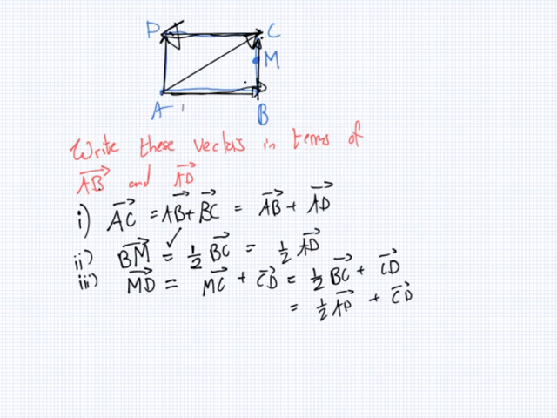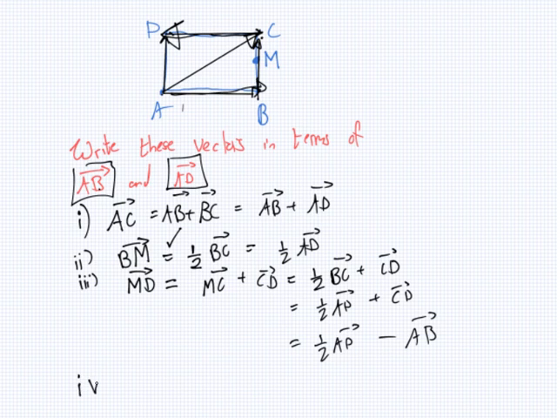Yeah, it's the same vector except opposite direction. So we can write that as minus AB. Or plus minus. No, because I specifically said I wanted AB and not BA. Yeah.